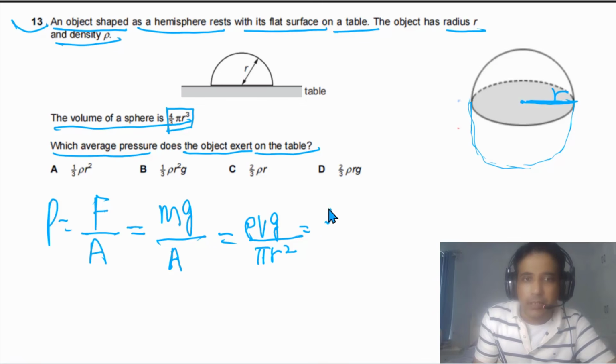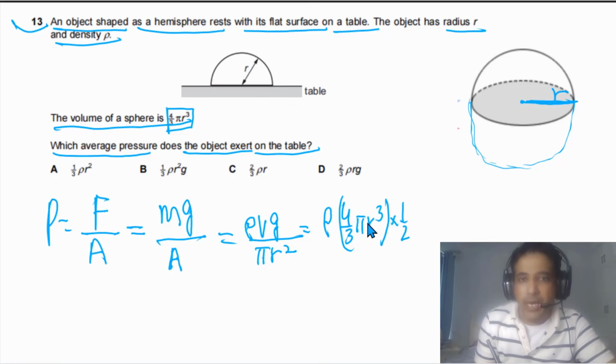The volume of the sphere is 4 by 3 pi r cubed, but this is a hemisphere, so we multiply by 1 by 2. So this is the volume of the hemisphere, multiplied by g, and this is divided by pi r squared.